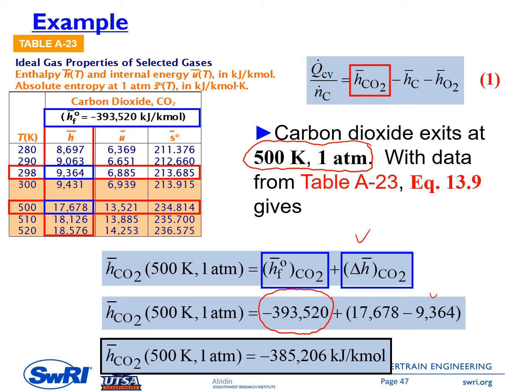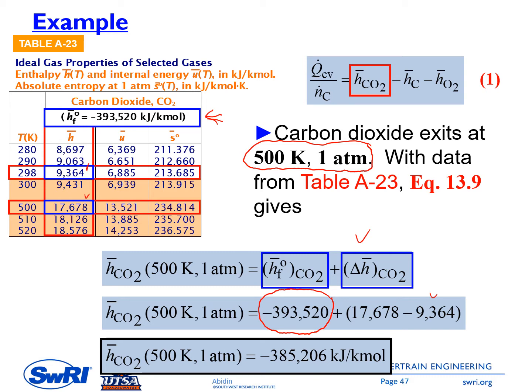Go to the carbon dioxide column. You should be able to get the enthalpy of carbon dioxide at 500, which is 17,678 kilojoule per kilomole, and then the enthalpy at 298 is 9,364 kilojoule per kilomole. Also in table A-23, I think you can get the enthalpy of formation for carbon dioxide.